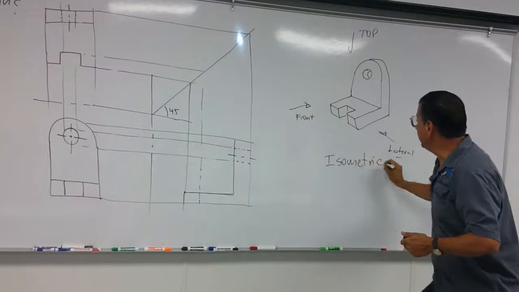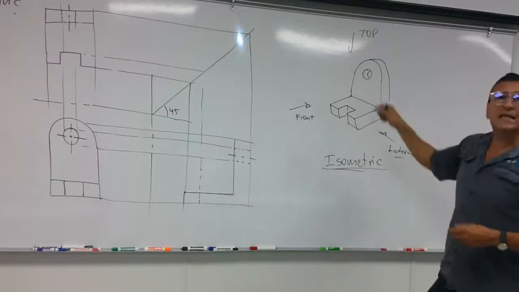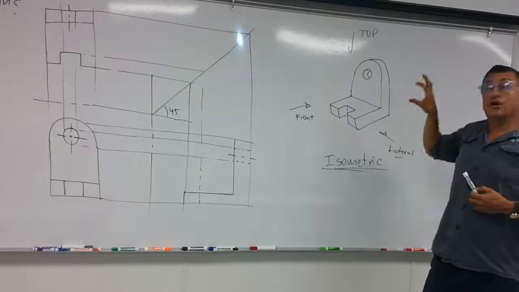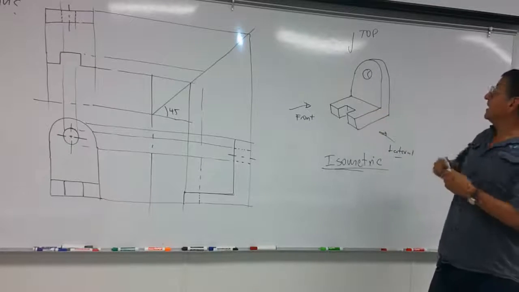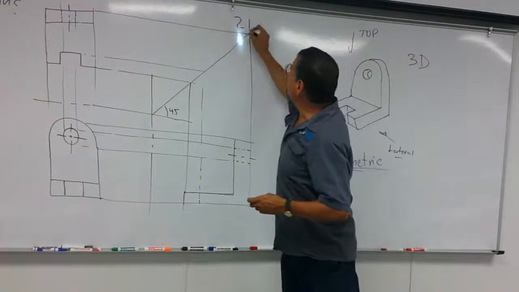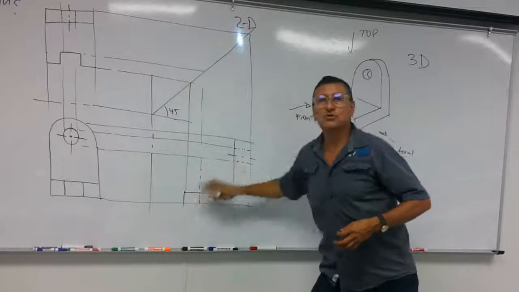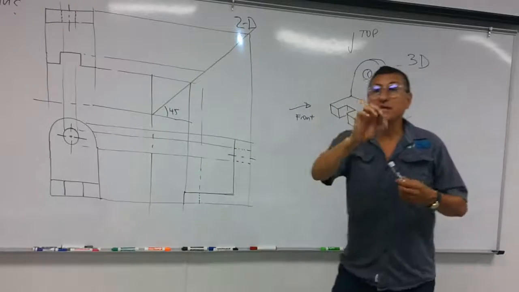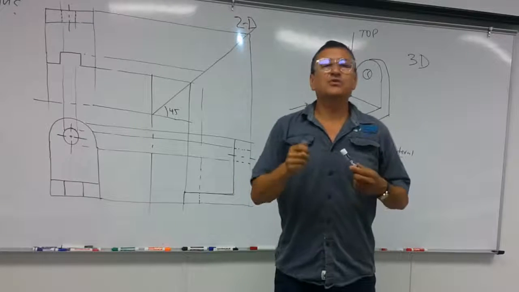Right now I am going to explain the procedure to make that drawing, the isometric. You have the picture of the isometric. The isometric is in 3 dimensions, and the orthographic projection are in 2 dimensions. Those 2 dimensions, and this is 3 dimensions. You do the drawing, and you send to the machine shop.